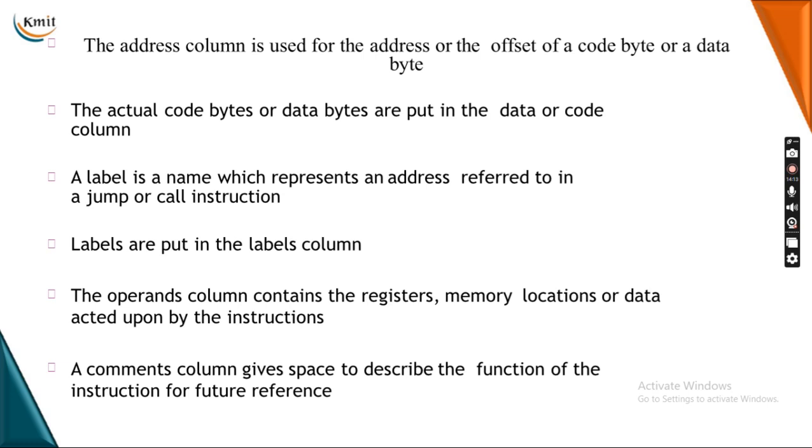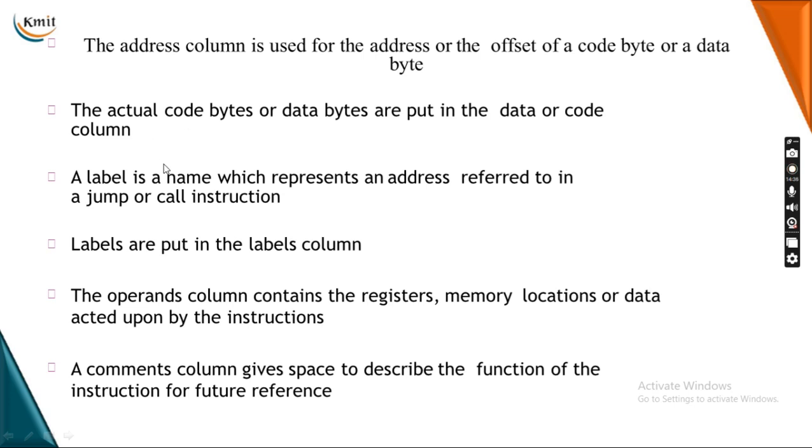The address is the address or offset of a code byte. The actual code bytes or data bytes are put in the data or code column. We have data segment, code segment, stack segment, and extra segment.